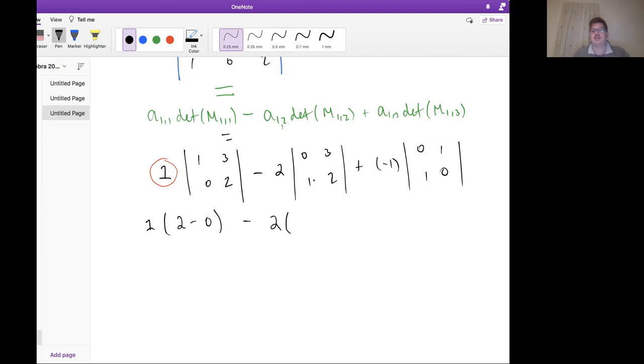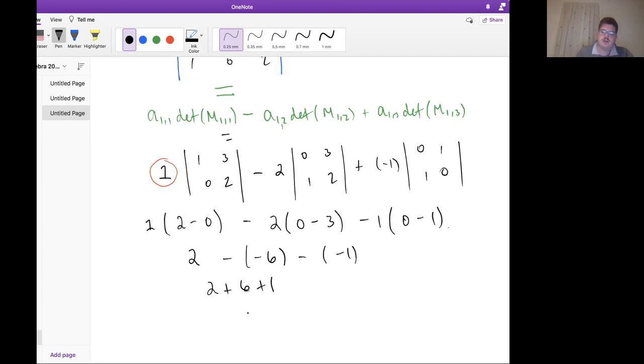What would the determinant of the second one be? Yep, 0 times 2, then minus 3. And the determinant of the final matrix, 0 minus 1. Okay, so we have 2 minus -6 minus -1. 2 plus 6 plus 1, so that's 9.